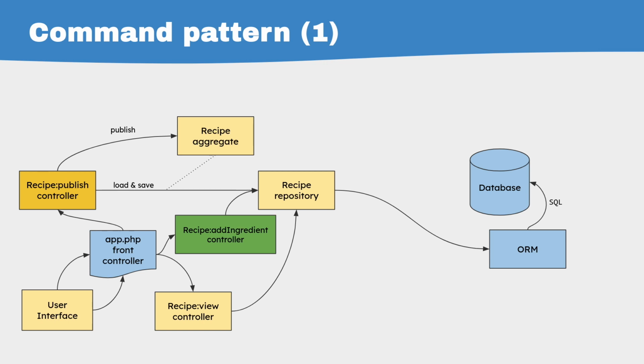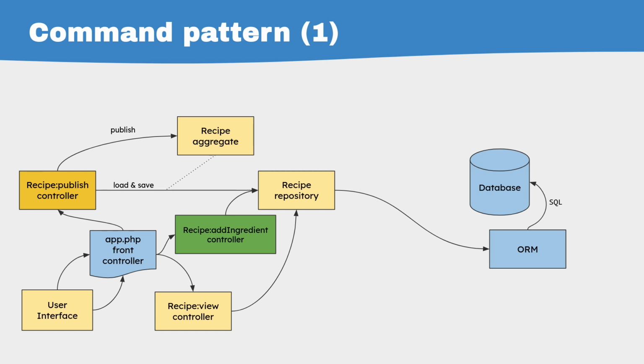Still, we haven't really separated the intent from the execution, because now everything that signifies the intent is just the call to the recipe publish controller, but that's also the one who executes the publish methods on the recipe aggregate.